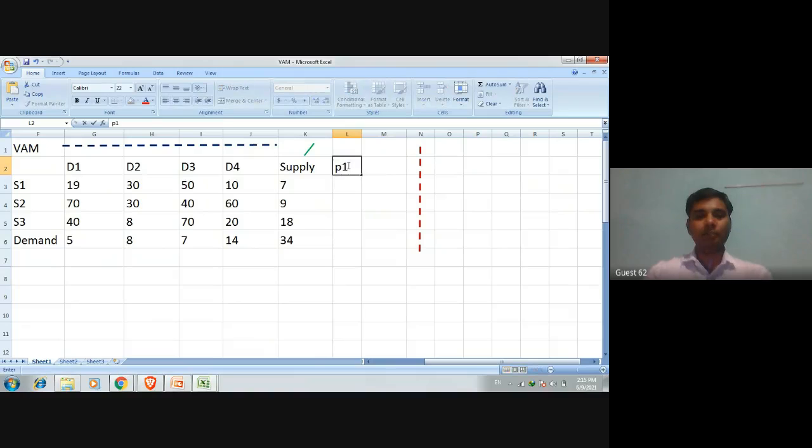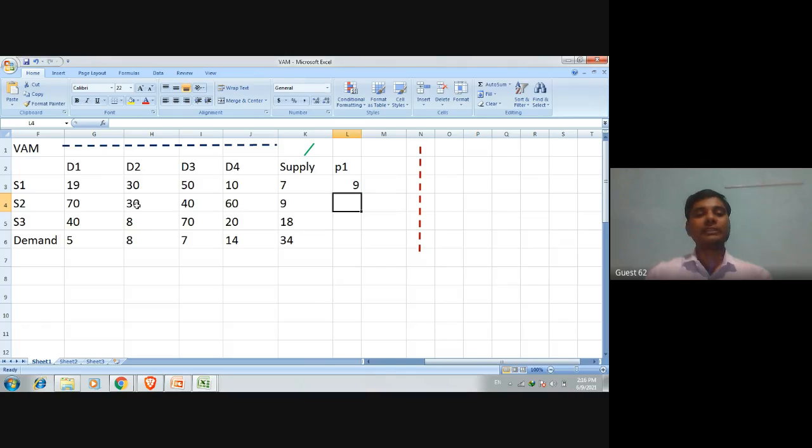I'm writing it P1, meaning penalty 1. We select the two least quantities in row 1, which are 10 and 19. We subtract the smallest quantity from the second smallest: 19 minus 10, that is 9.